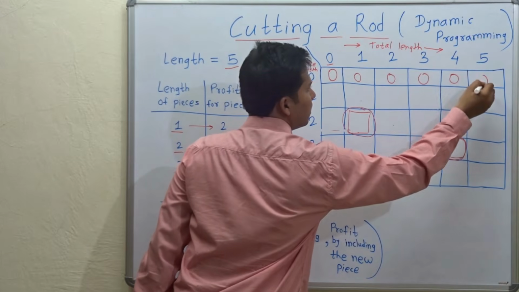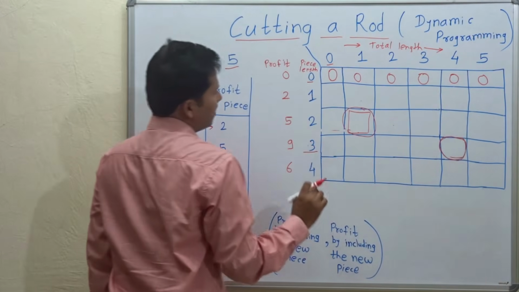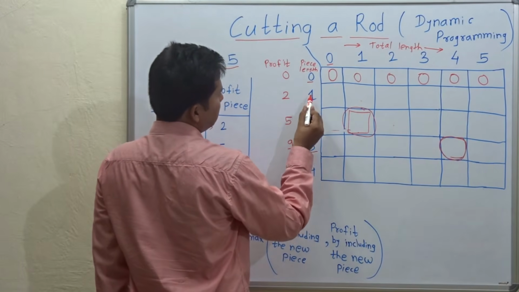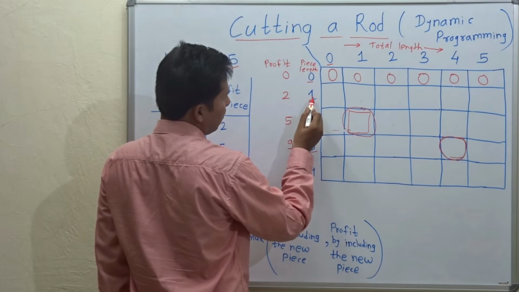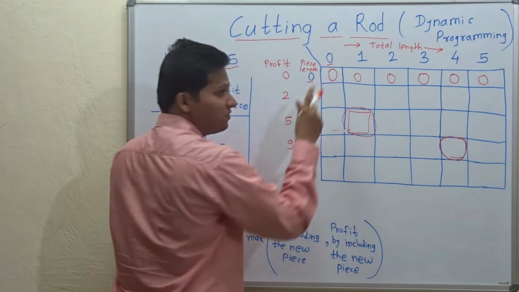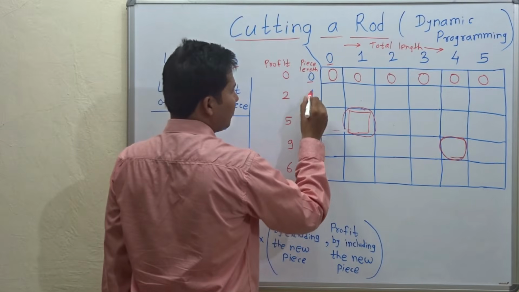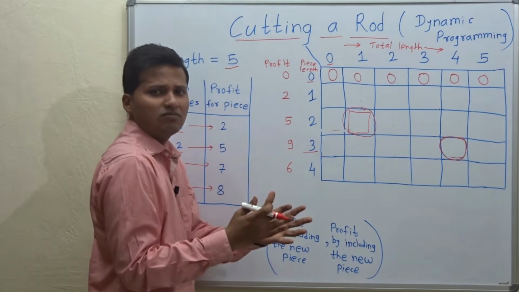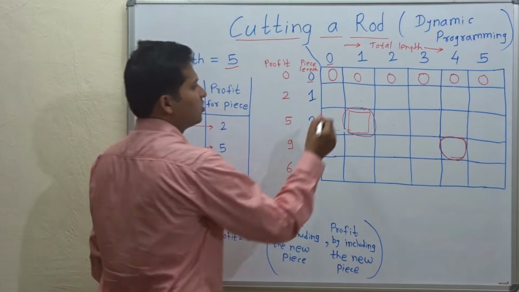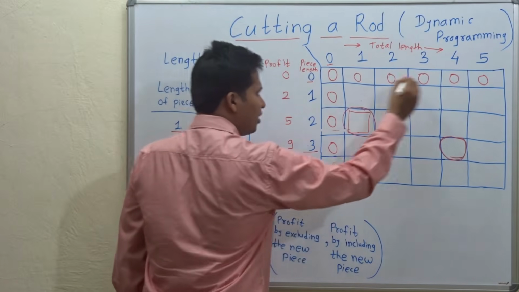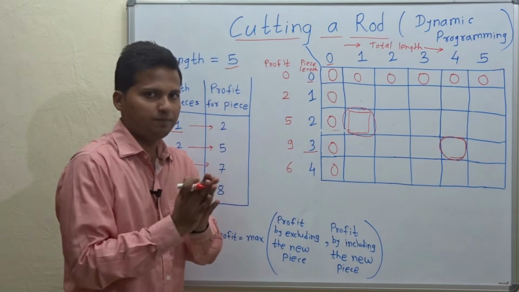And also the column: if you have the length of the piece as 1 and you want to make a total length of 0, obviously you cannot take this piece of length 1 because you cannot make a rod of length 0. So all the column values will also be 0. This is the base condition for our program.